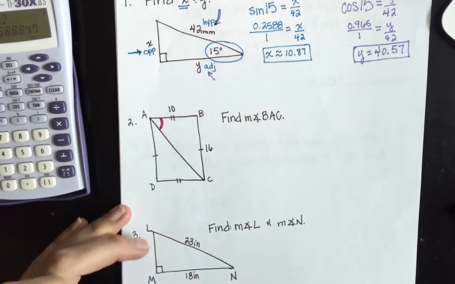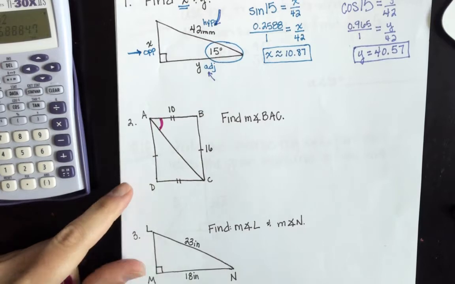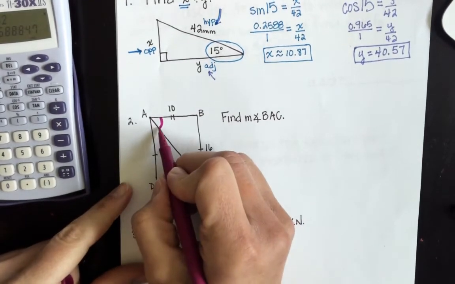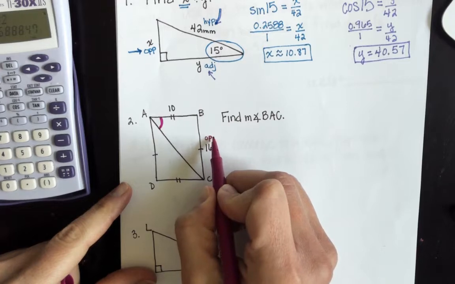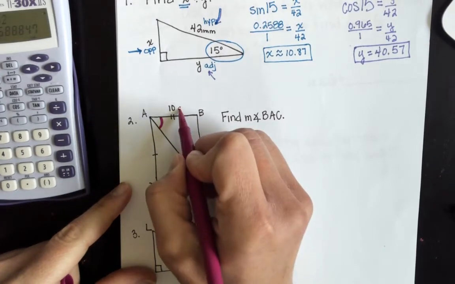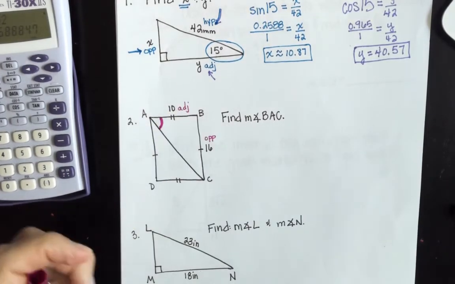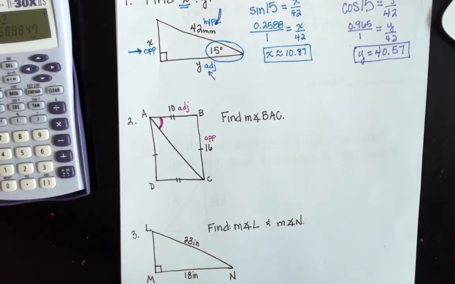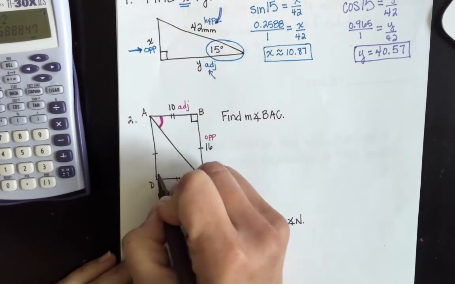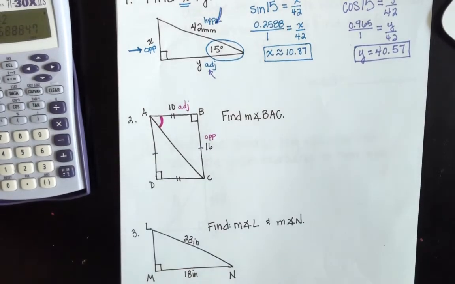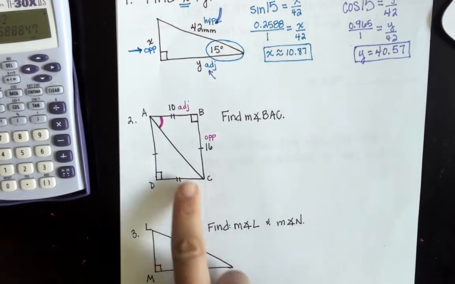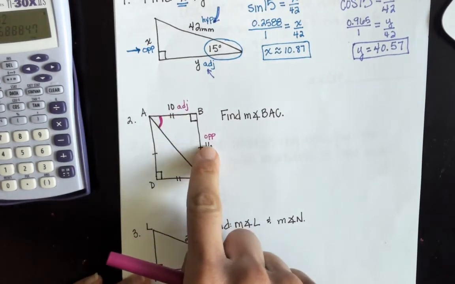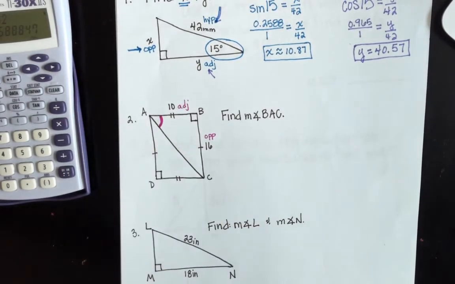Here's BAC, and we want to then label with just what we have: this side is our opposite and this side is our adjacent. I did forget when I drew this to make sure that it was a rectangle. When we have our opposite and adjacent, the only trig function that's going to match with that is tangent.